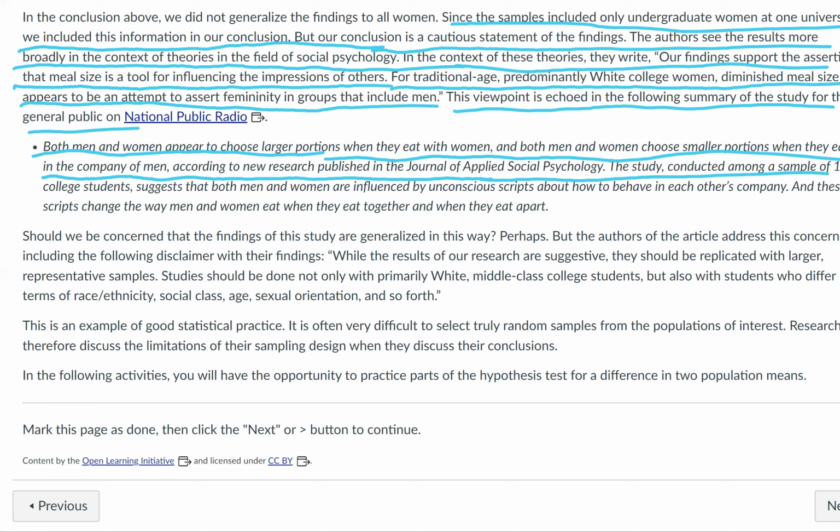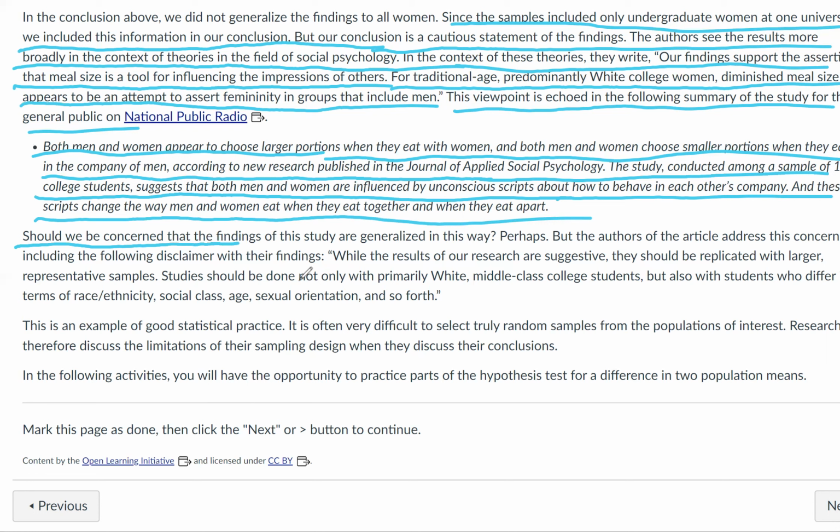The study conducted among a sample of 100 college students suggests that both men and women are influenced by unconscious scripts about how to behave in each other's company. And these scripts change the way men and women eat when they eat together and when they eat apart.